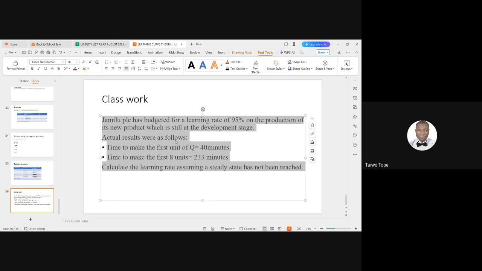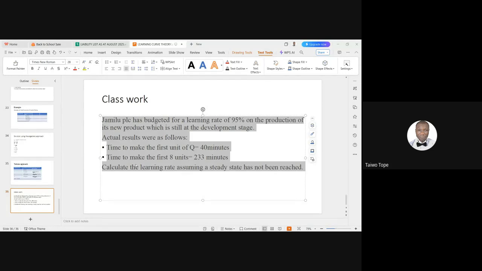Is it average or total? It's total, sir. Fine. If it is average, it will be less than the first unit time. If you observe what we've been doing, average usually reduces, reduces, reduces. You understand?